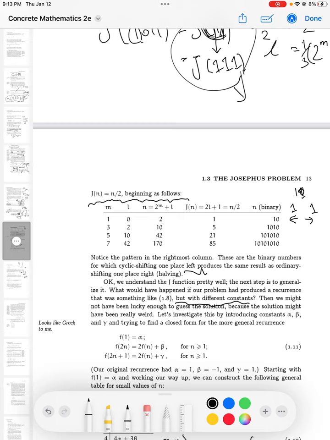The same thing happens with 1 0 1 0: it's 1 1 shifted to the left, and 1 1 shifted to the right. So it's the same number whether it's cyclically shifted to the right or left.